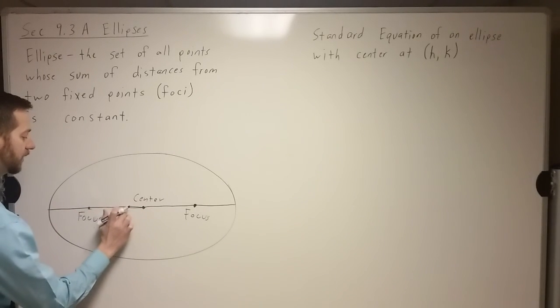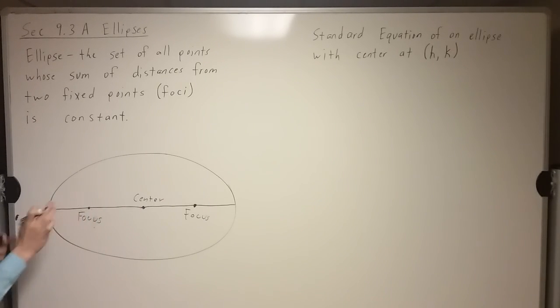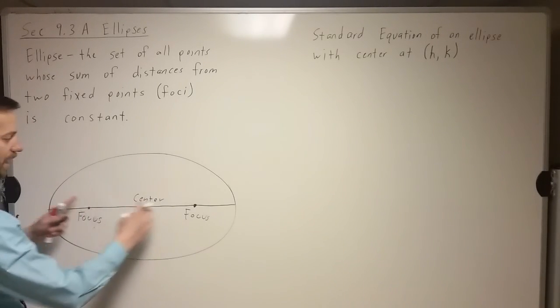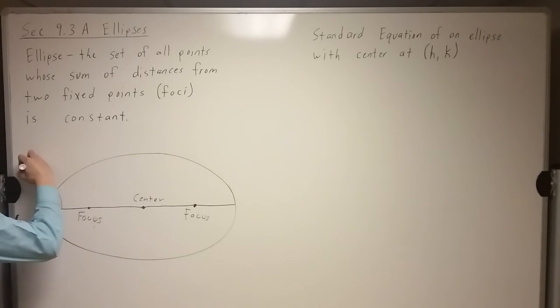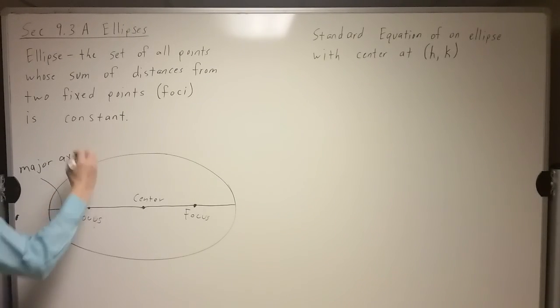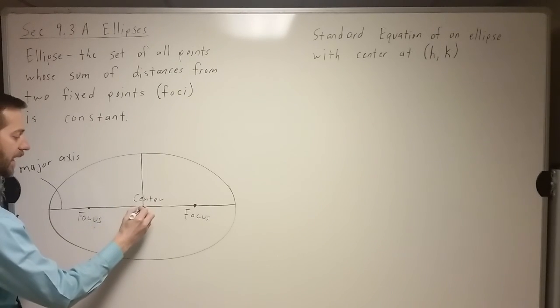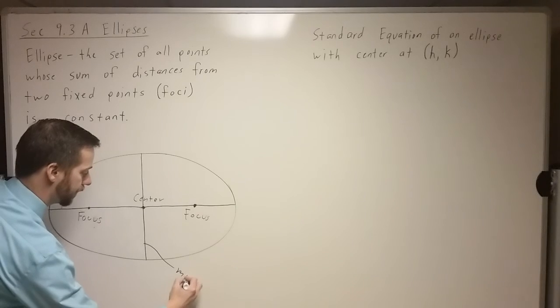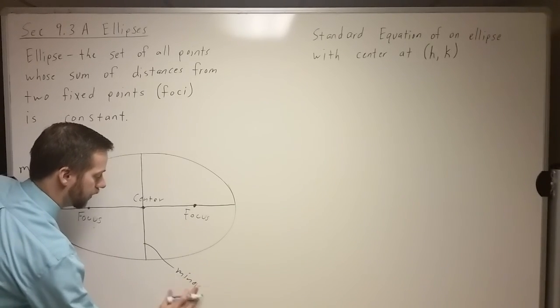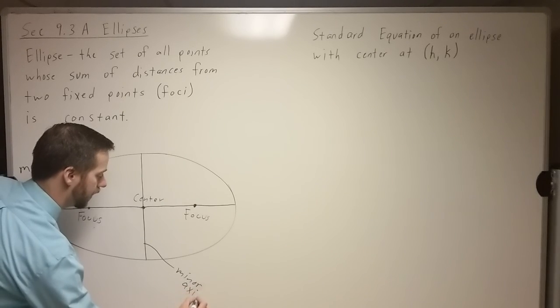If these were exactly the same length, this would not really be an ellipse as much as it was a circle at that point. And so we're going to have a longer axis, which we're going to call the major axis. And then we're also going to have a shorter axis that we're going to call the minor axis.